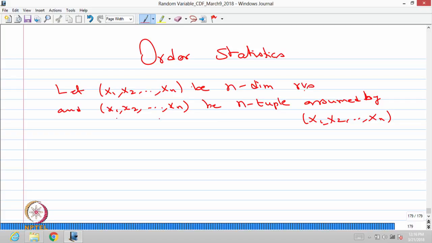That means the possible values of the n-dimensional random variables are small x1, x2, xn.